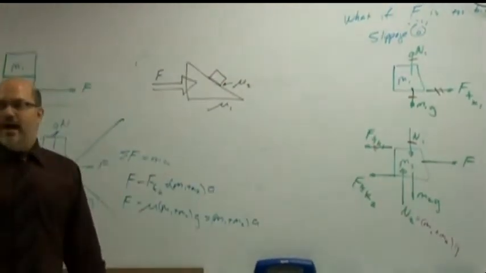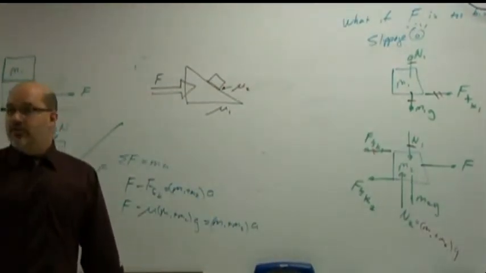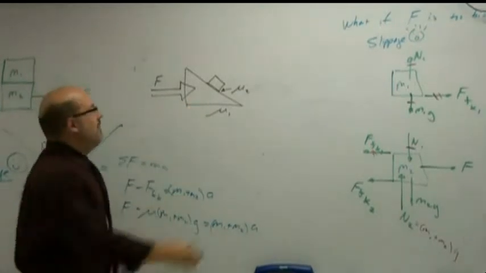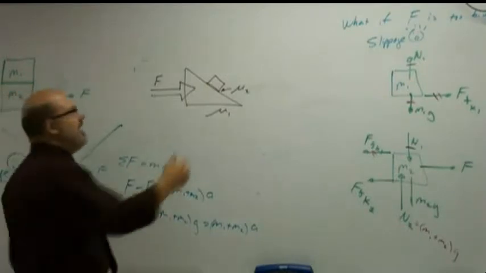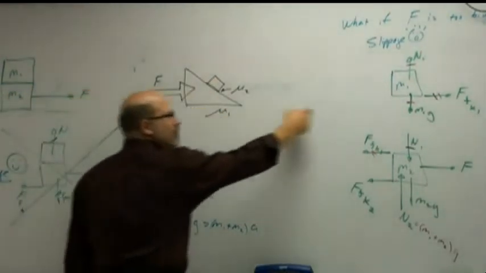They're both kinetic, and you push this fast enough so this block moves up the incline. Then the question is how long does it take to move from here to here, and how far does this one move?